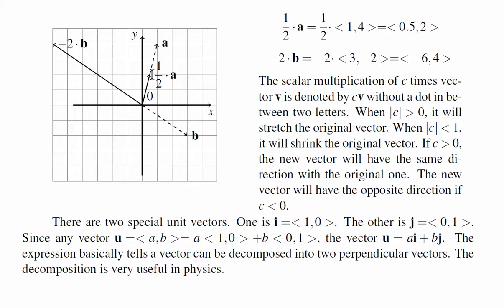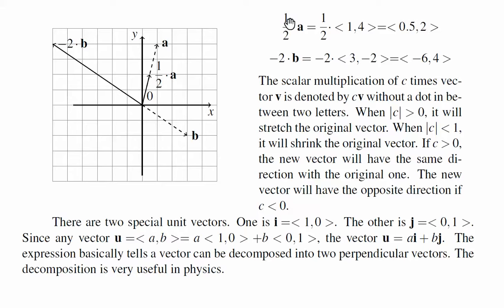So basically, for the scalar multiplication, if the scalar constant c is less than 1, we simply shrink this vector a, and the direction will be the same.